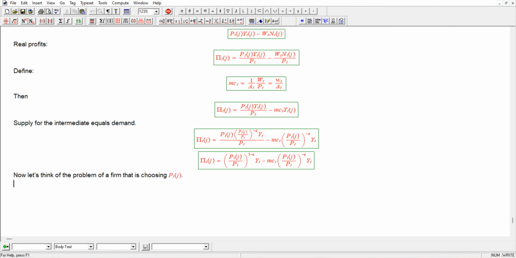They would need to solve the following problem. They're maximizing the choice of that price given the following. They may potentially be stuck with that price forever. So let s be subsequent dates when they might be stuck with that price.